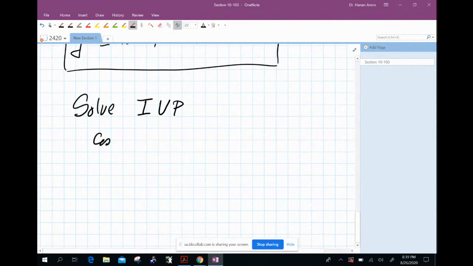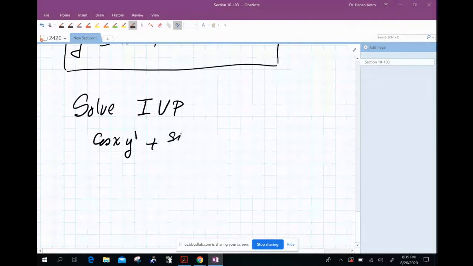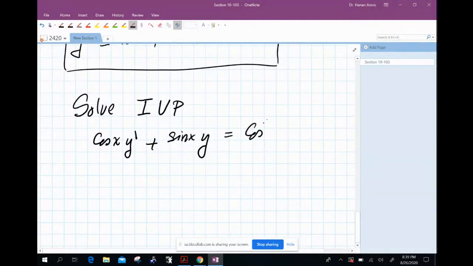Meaning we have cosine of x times y prime plus sine x times y equals cosine to the fifth of x times sine x. Now when I look at the problem, it's linear, but the coefficient of y prime is not 1. Therefore, I'm going to divide each of those terms by cosine.